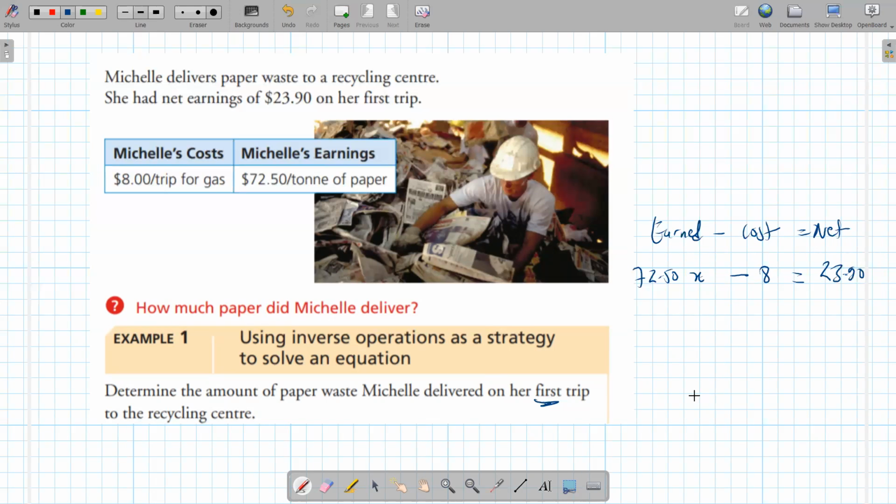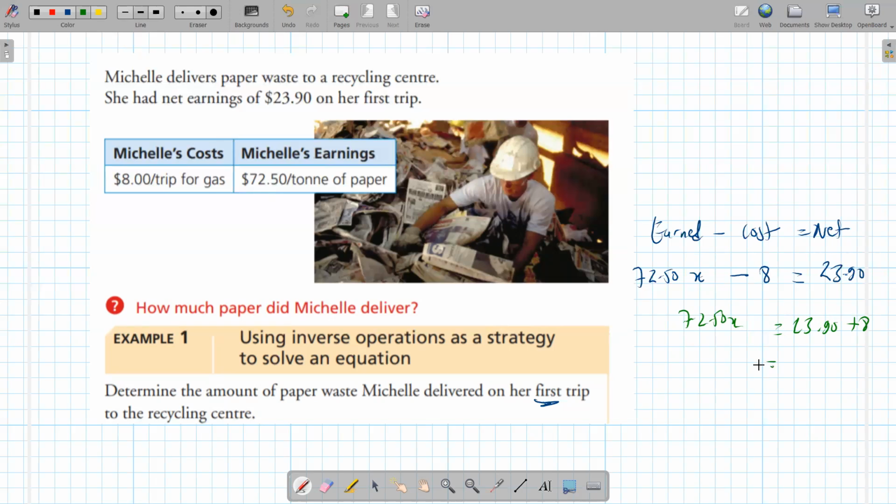Do they want us to solve that? Yeah, we're trying to solve for x. So minus 8 from 23.9. Not minus 8, plus 8. Then you have 72.50x equals that.